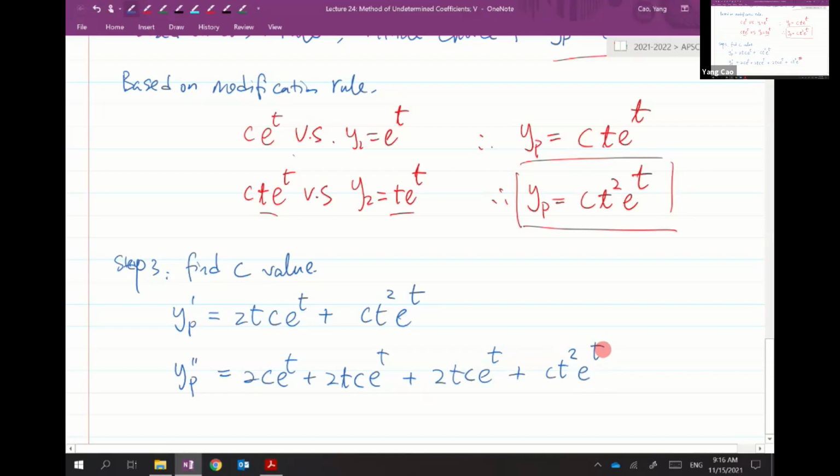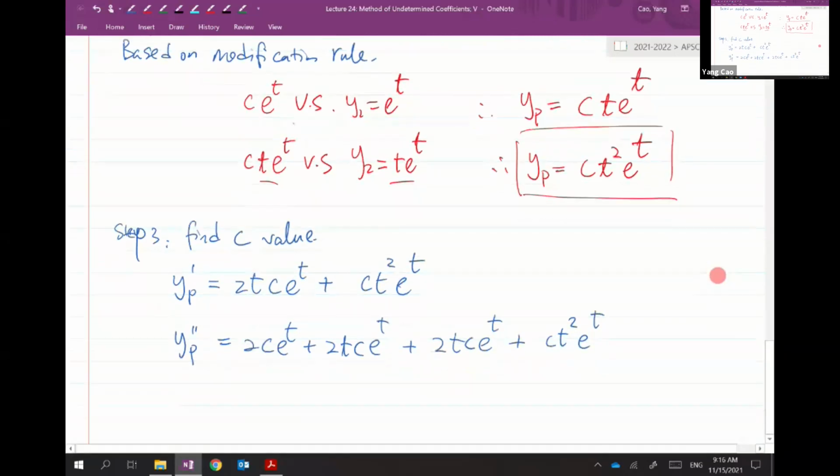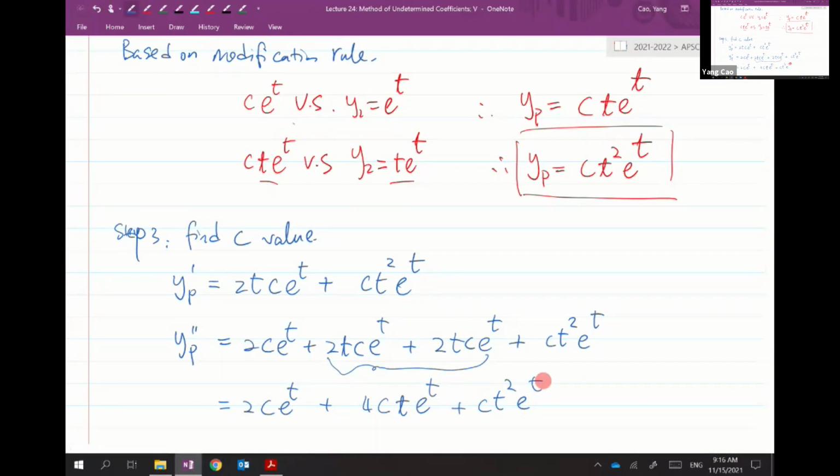Correct me if you see any mistakes. So that's your yp double prime. So far so good. These two are the same, so that's 2c e to the power t plus 4ct e to the power t plus ct squared e to the power t. Now this is your yp prime and yp double prime, and you also have your yp over here.